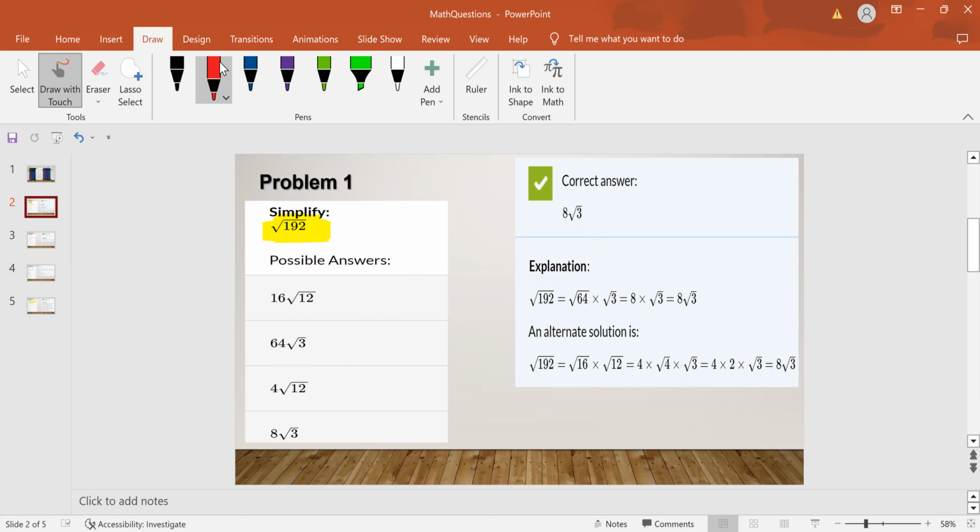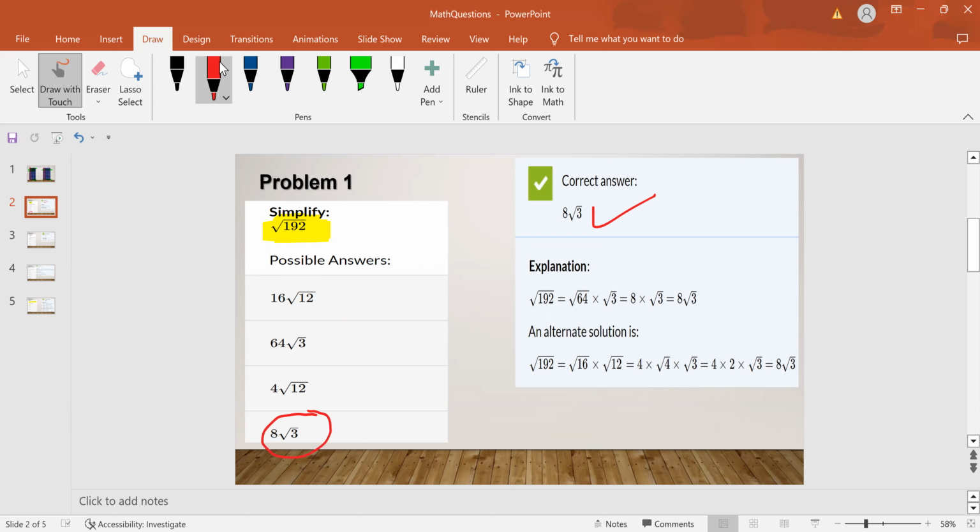But you will see here, for the possible answers, there are no decimal values. So it has to be a square root. That means you have to know how to simplify it. So for the square root of 192, the best choice is 8 square root of 3, which is here.